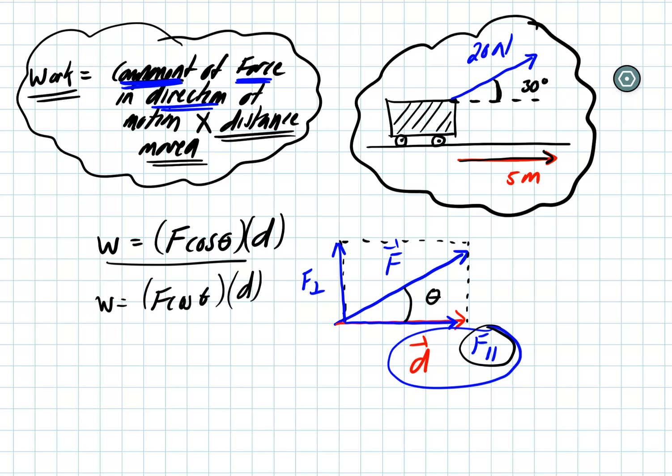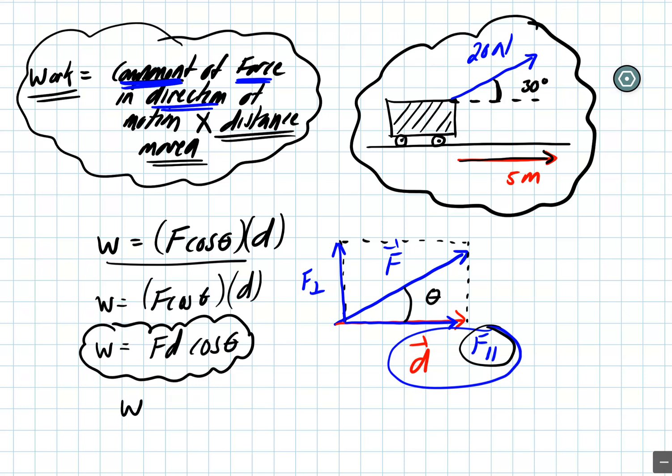And we don't usually write it that way. We're going to write it as FD cosine theta. So this is kind of our working version of this more formal cross product thing. These are the same thing, but this will, of course, be our useful version for how we quantify work.